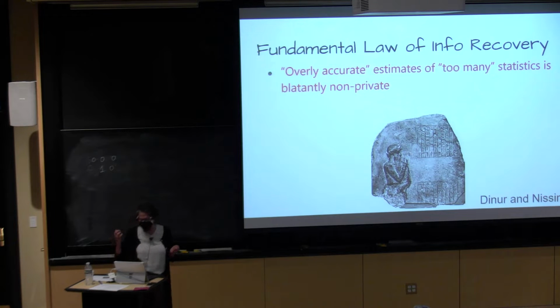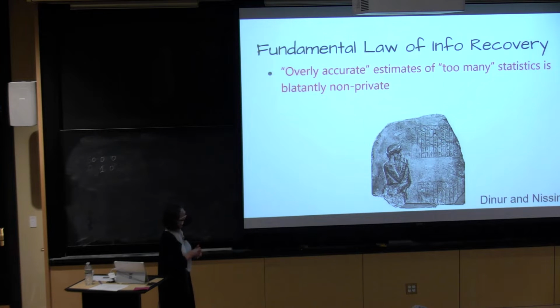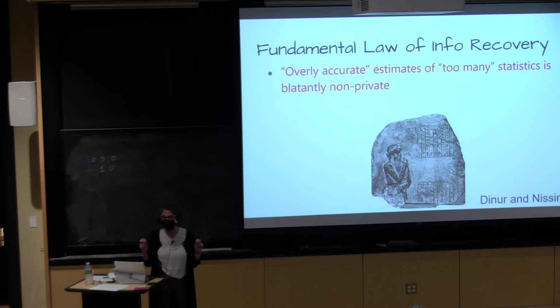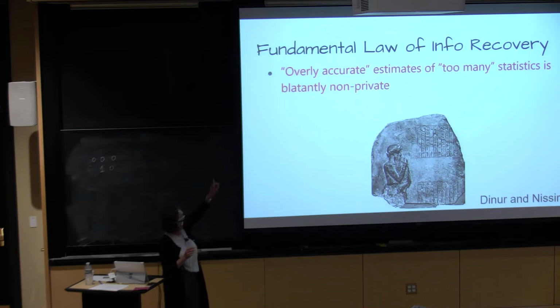But more generally, there's what we call the fundamental law of information recovery, or fundamental law of information reconstruction, which says that overly accurate estimates of too many statistics completely destroys privacy. And the definition of overly in overly accurate is tied to the definition of many in too many.